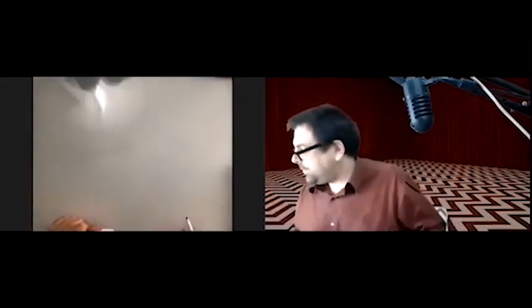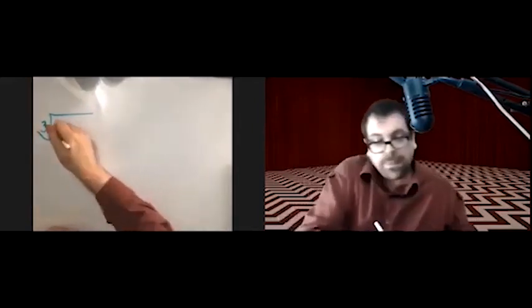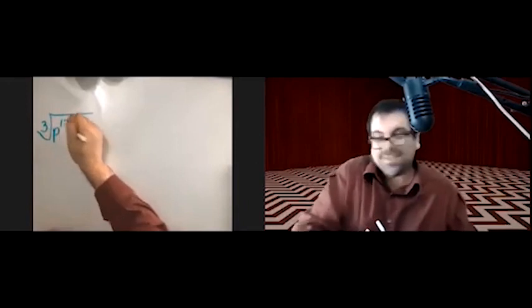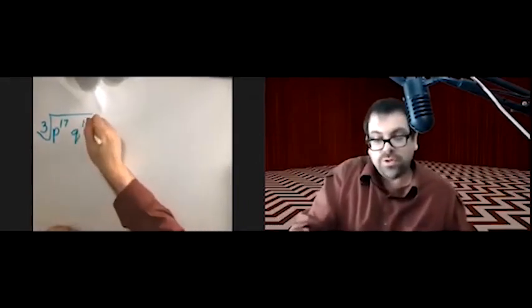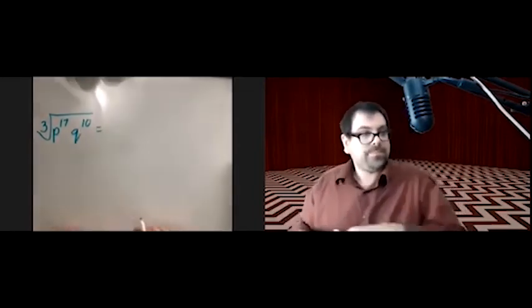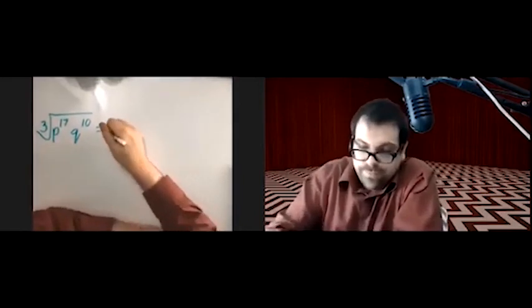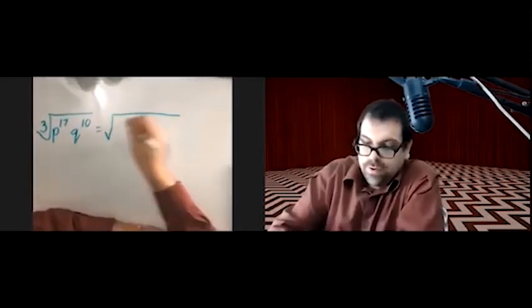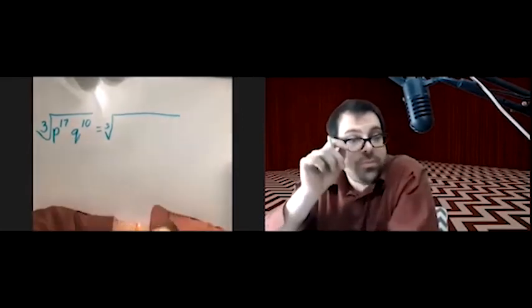Let's do another like this. The cube root of p to the 17th q to the 10th. Cube root means we're going to split highest multiple of 3 that fits in.